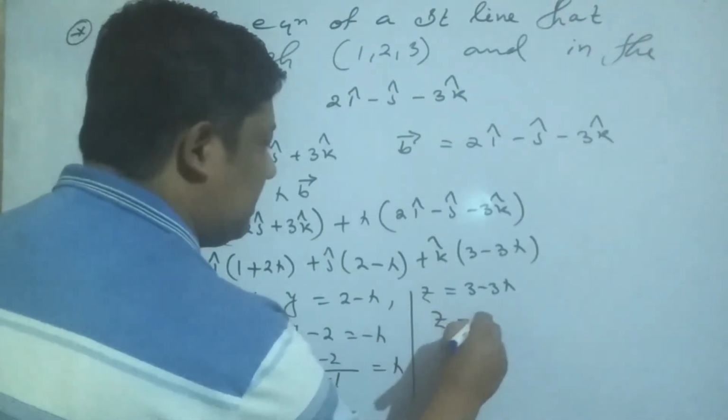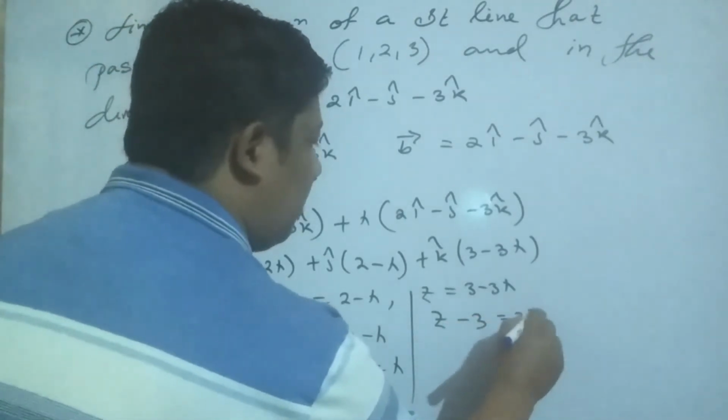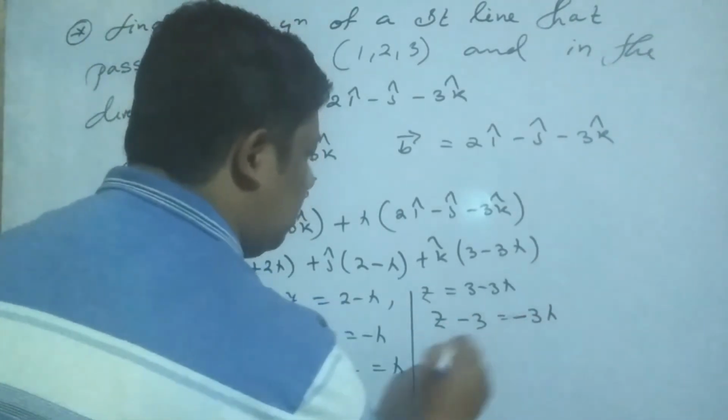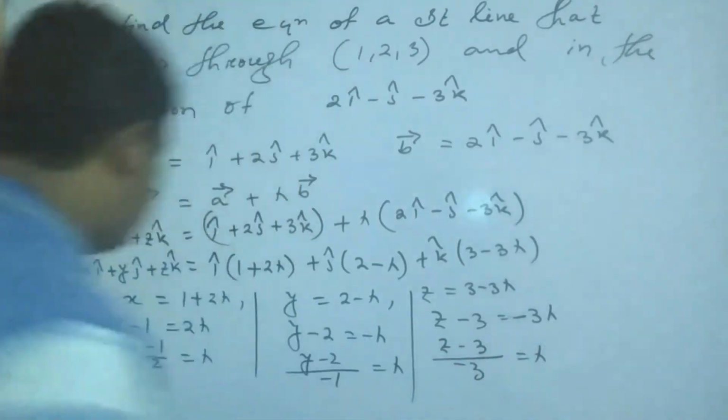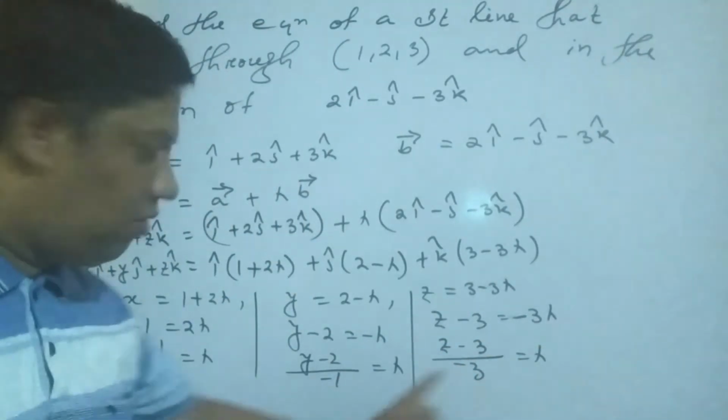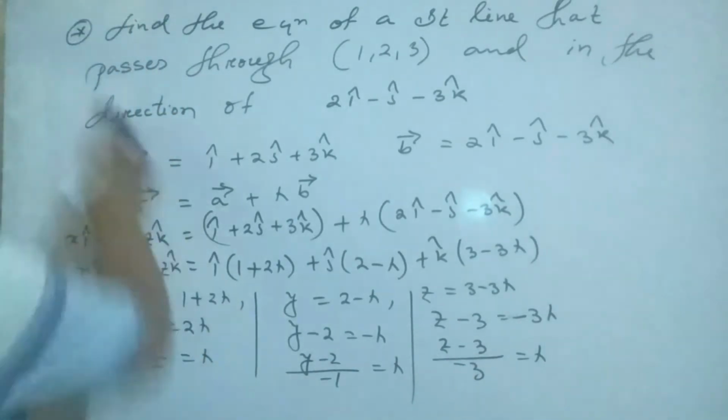Next, z minus 3 equal to minus 3 lambda, therefore z minus 3 upon minus 3 equal to lambda. So my students, all the lambdas are equal.